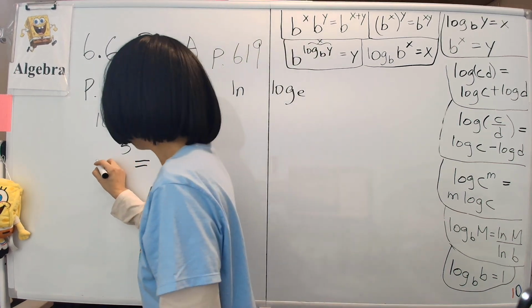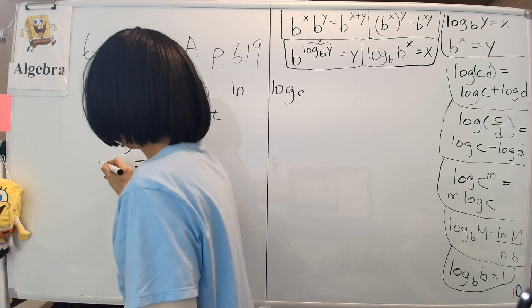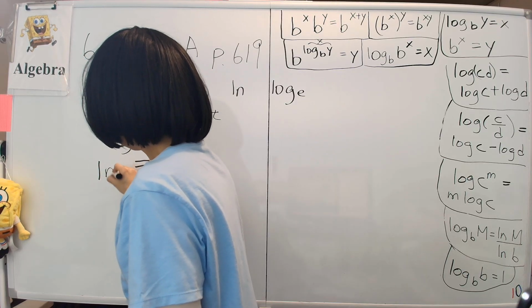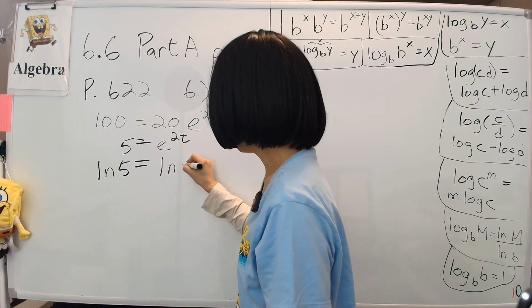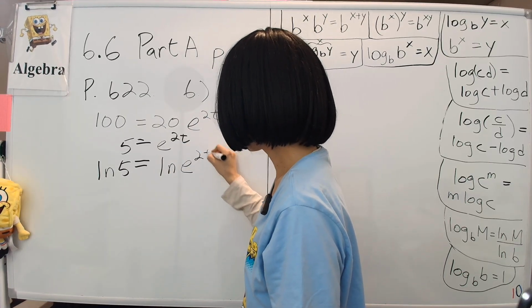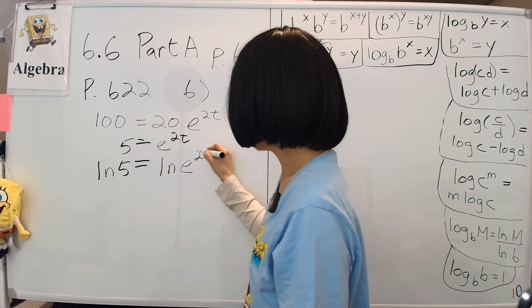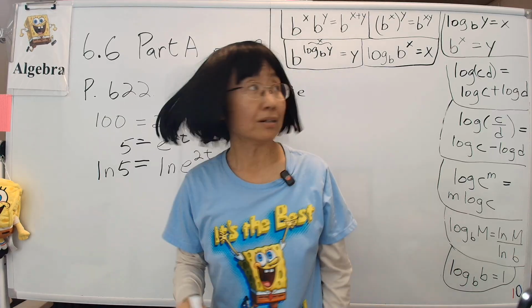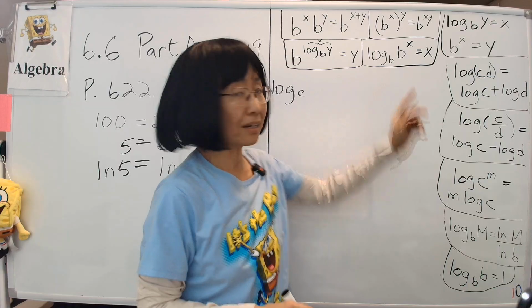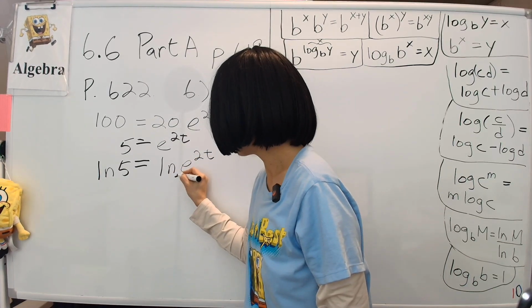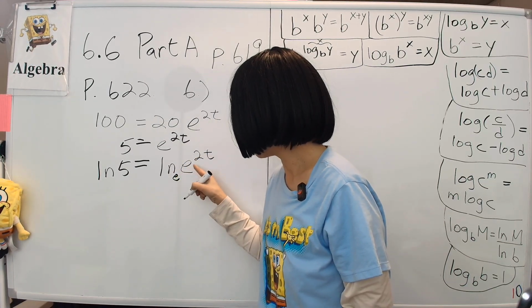So we have the natural log of 5 equal to the natural log of e to the 2t. The natural log means log base e, so the base here and the e in the exponent are the same.